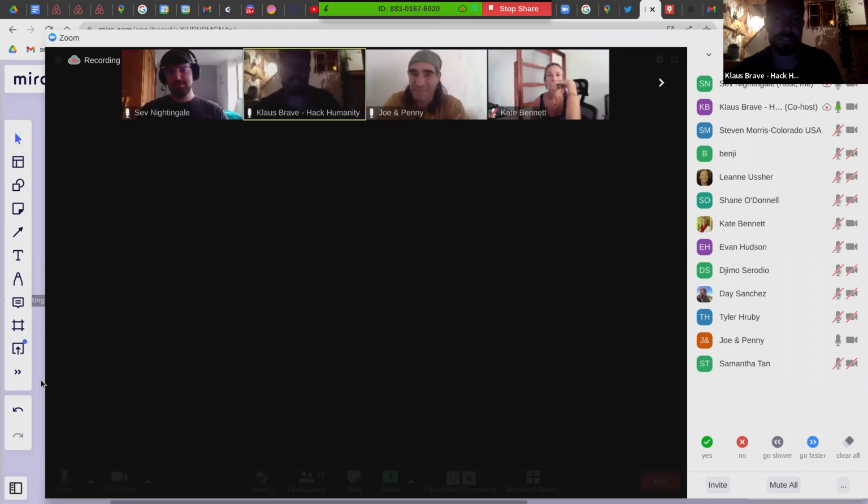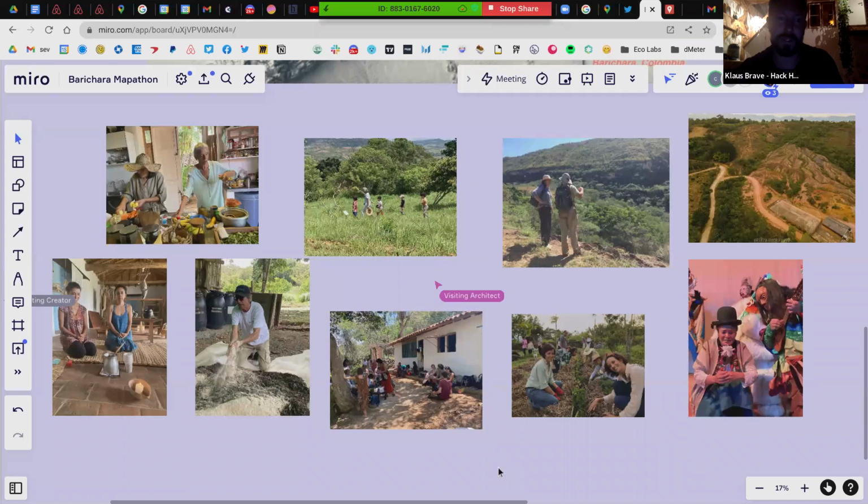I hadn't actually considered that the Mapathon, just the output of what we were creating into Miro, I was seeing as kind of primary, but it actually is a meta mapping, which is in the minds of all of the people present here, that they get to map their relationship to this piece of work. And I didn't realize that until now. That's kind of cool when you said what you said, Shane, that it's complex.